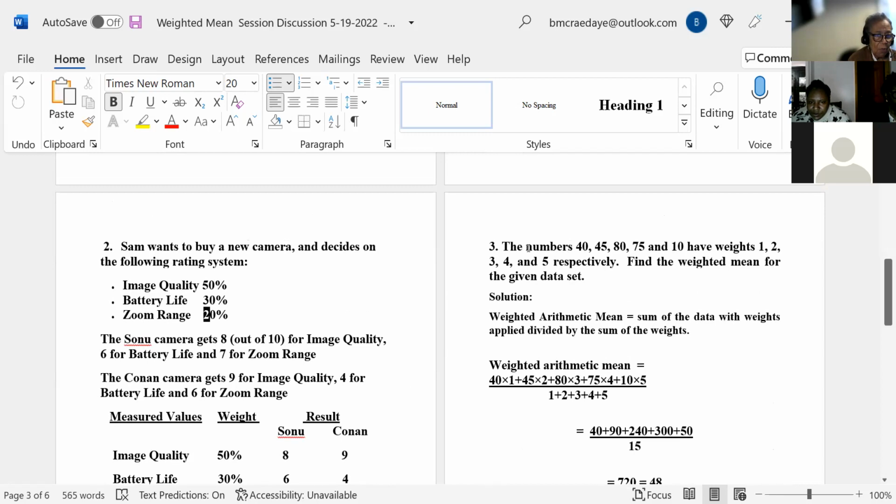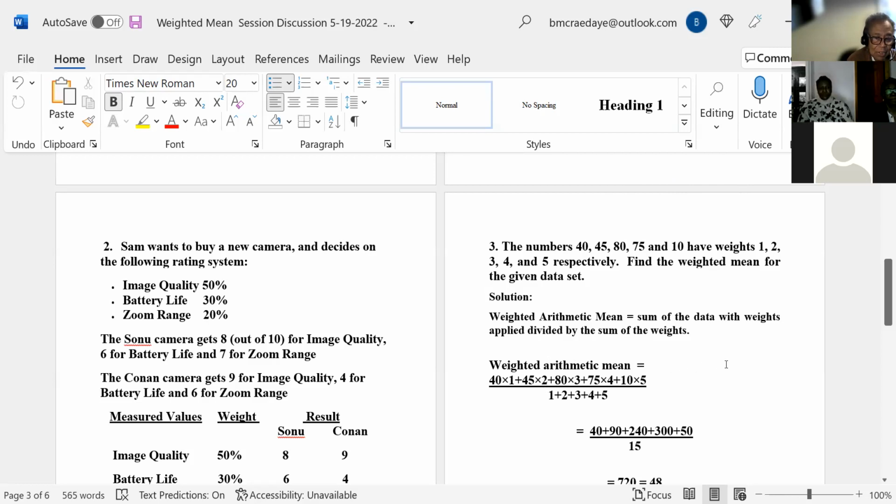Okay, over here, you have some numbers. The weights are given as numbers: 1, 2, 3, 4, 5. We just multiply the weights times the number. 1 times 40, 2 times 45, 3 times 80, 4 times 75, 5 times 10. That's what this is doing here. It's multiplying the numbers by the weights.